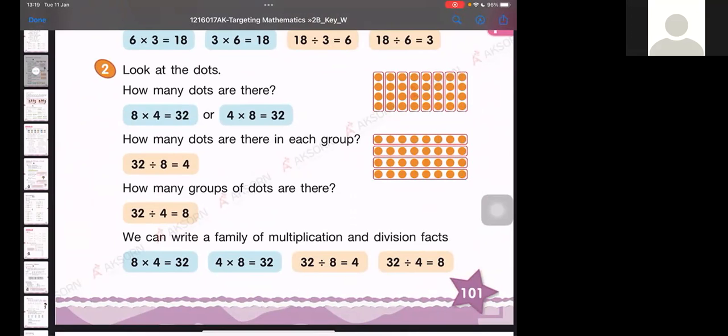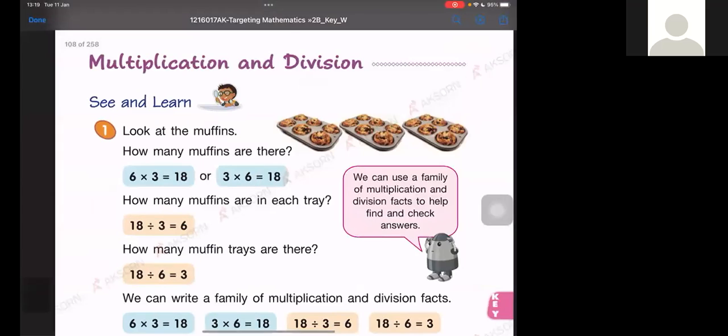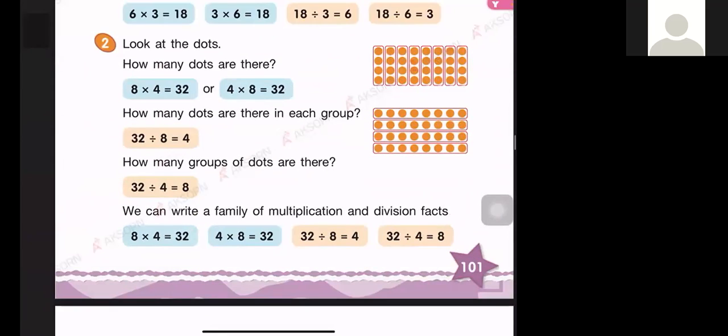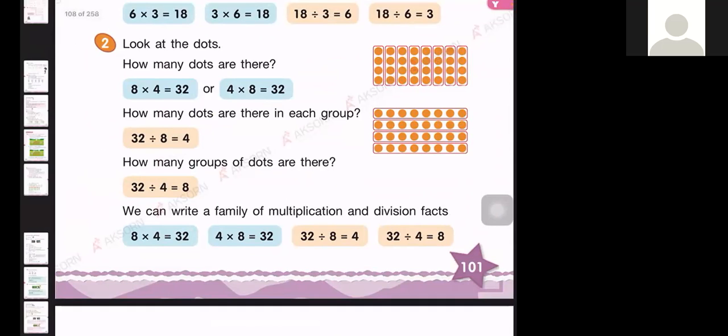So first, let's count each row of dots. So we have 1, 2, 3, 4, 5, 6, 7, 8. And how many dots are there in each group? In one group, how many dots?